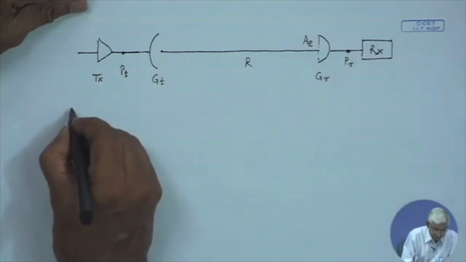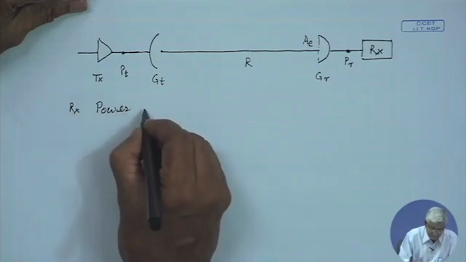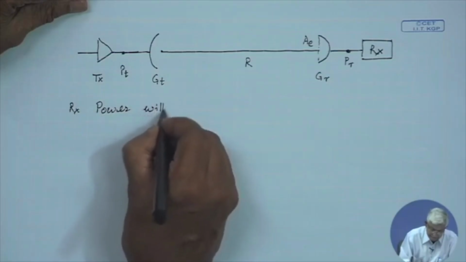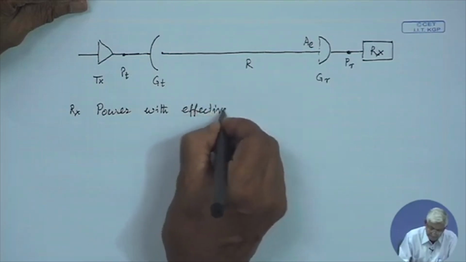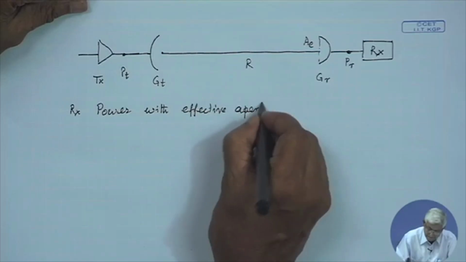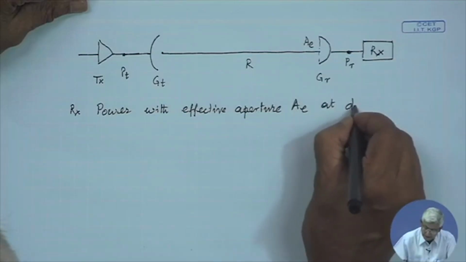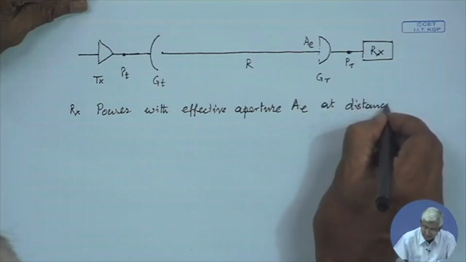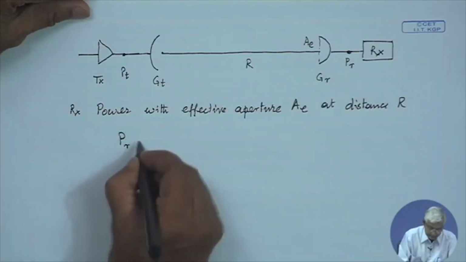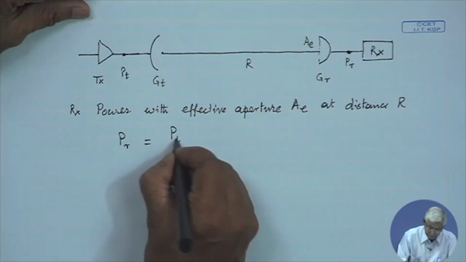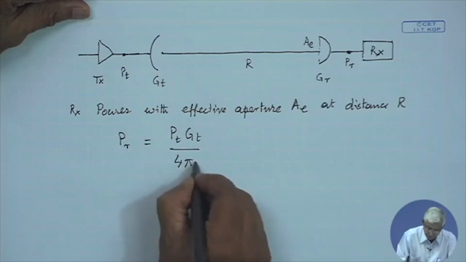Received power with effective aperture of AE at distance r can be stated as PR is PT into GT by 4 pi r square.